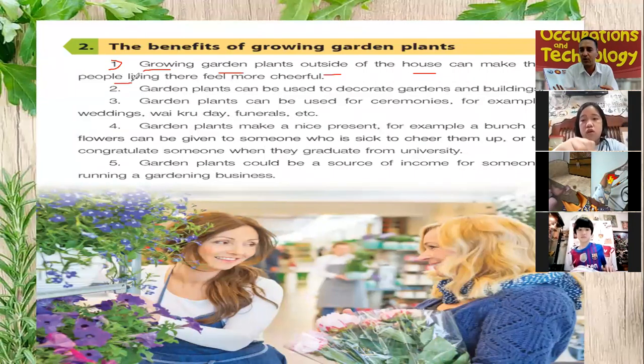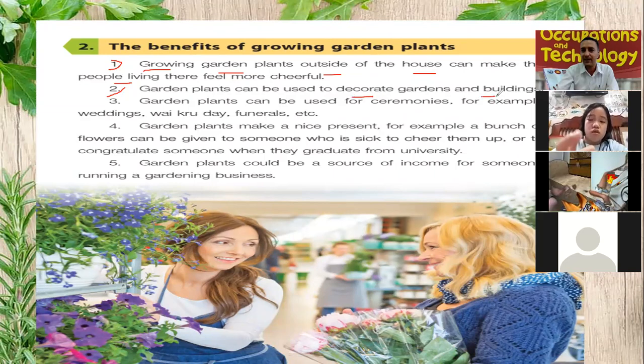They will feel more fresh. Number two, garden plants can be used to decorate gardens and buildings. So we can use these plants to decorate our garden, to decorate buildings, to decorate our house. This is also one of the benefits.